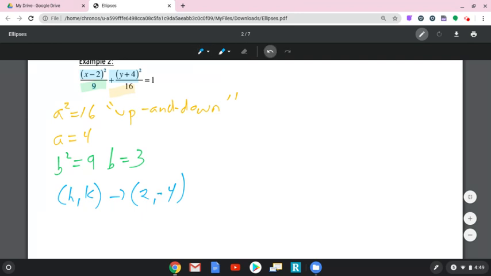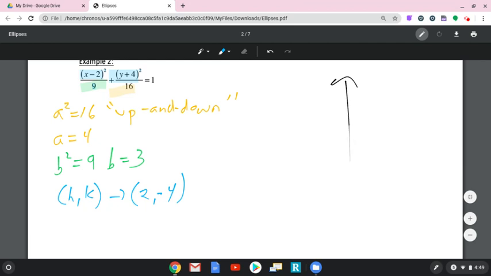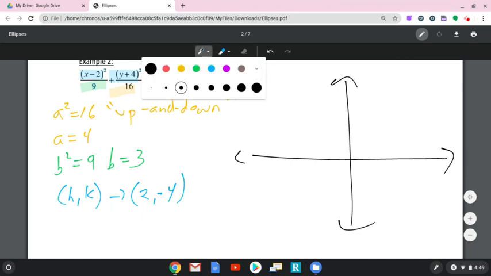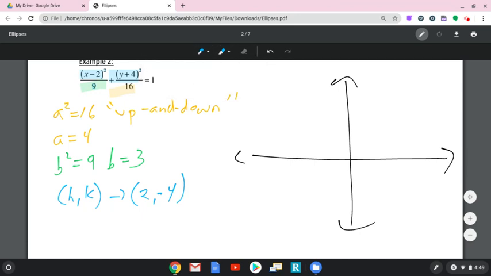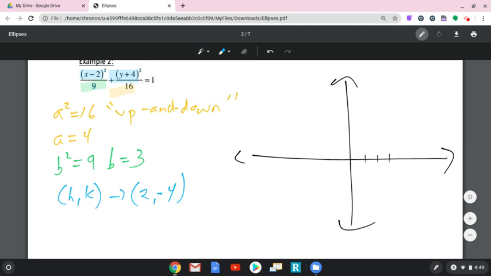All right. So now we have our center, and we can actually now graph our center and our vertices, because A and B help us determine the vertices. So if I take a look at that, I look at my center.